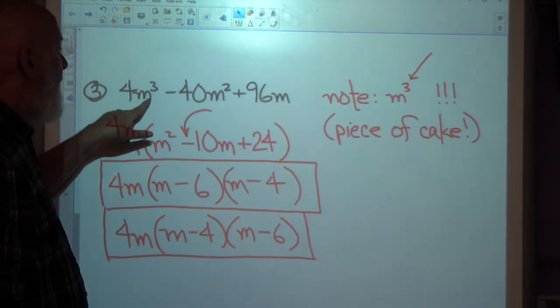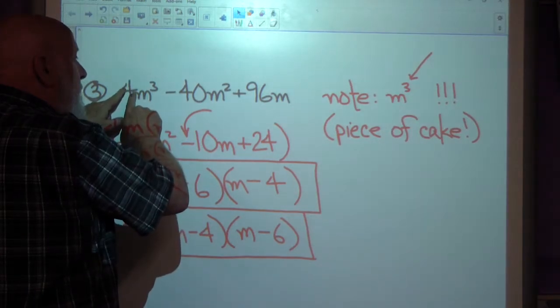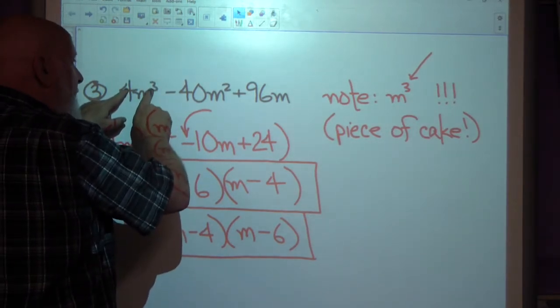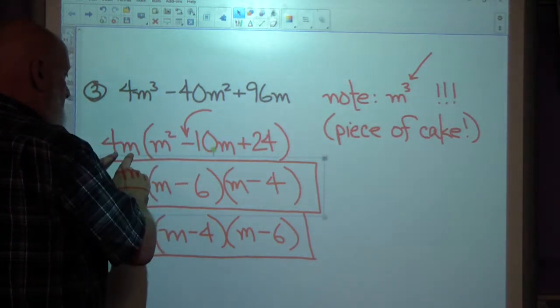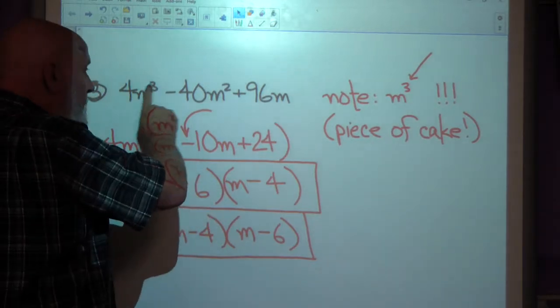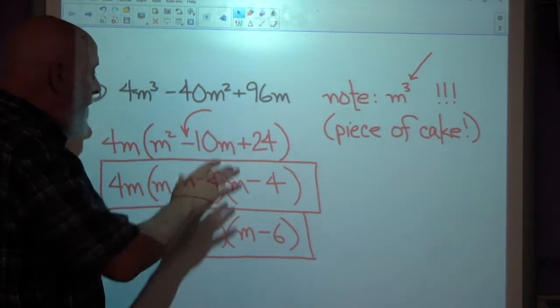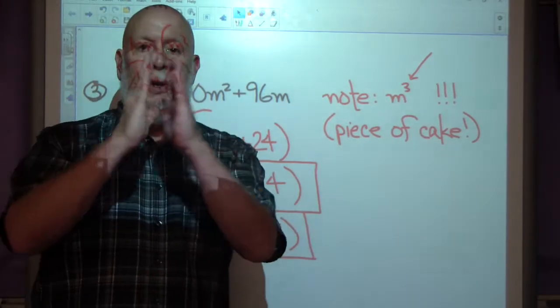So if you have m to the third power, pull your common factor, the coefficient of the biggest term, the biggest variable term, out and a variable with it. And then rewrite it, and you'll have a quadratic trinomial if each one has that term. And go ahead and try to factor that. You can do this.